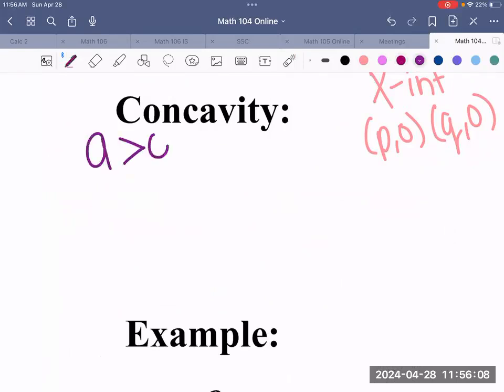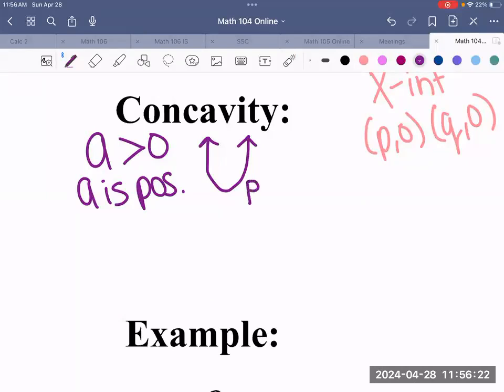If a is greater than 0, so that means a is positive, that means we have a graph that is going up. It is called concave up. Think about being able to spell the word up, which will give you a minimum, the smallest part of your graph.